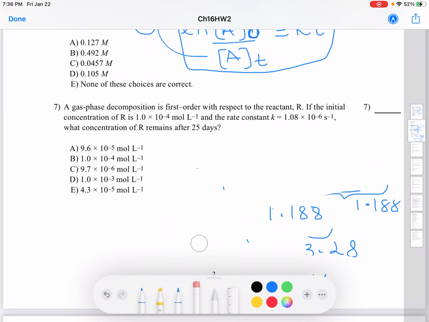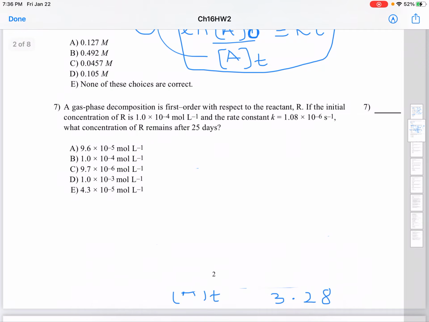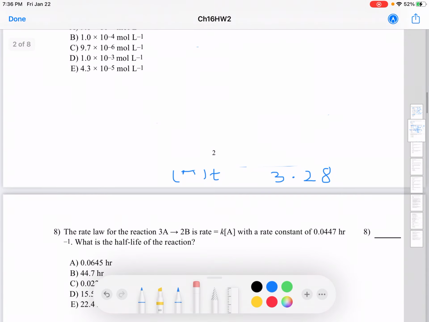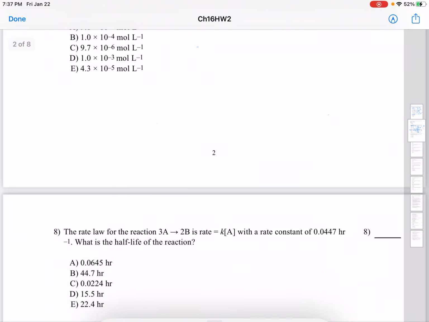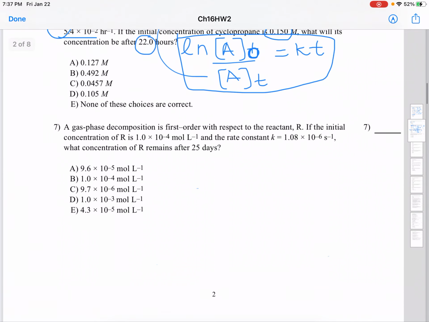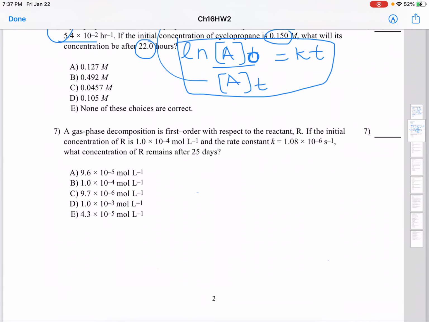For this question also, we're going to use the same equation, the integrated rate law for the first order reaction. Same equation, ln A naught over AT equals KT.